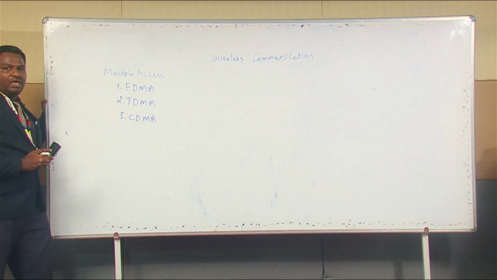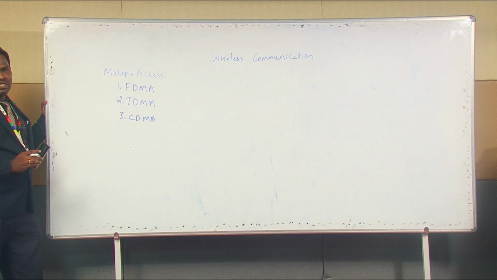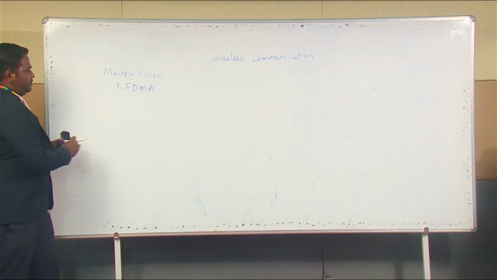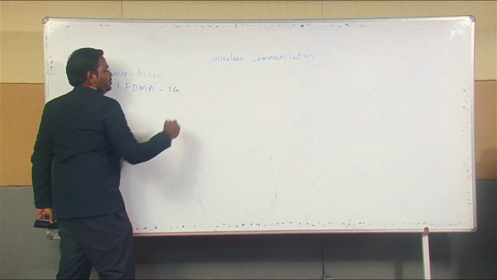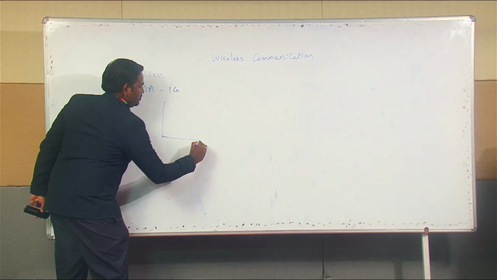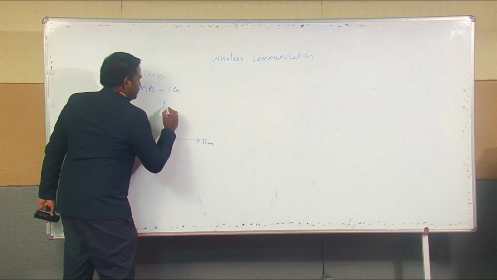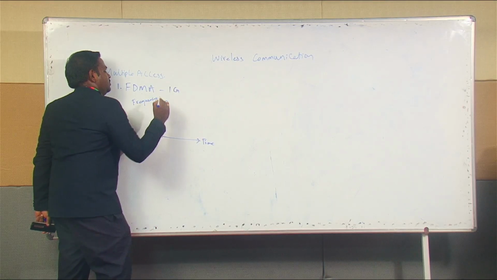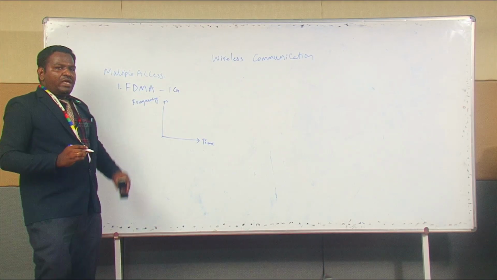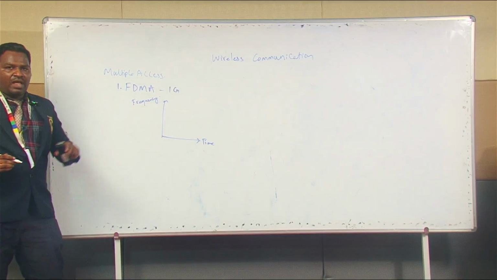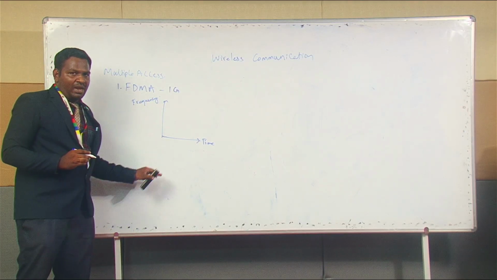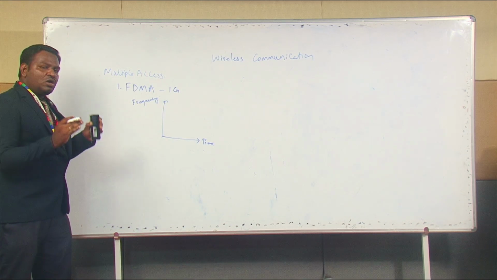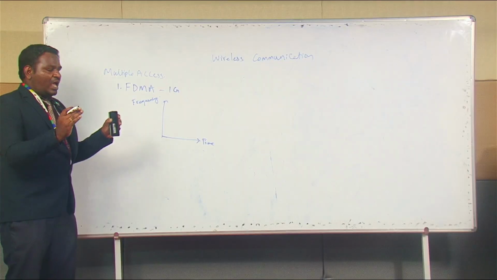The first one is FDMA, that is frequency division multiple access. In FDMA, the total available band is divided into non-overlapping subbands called channels.